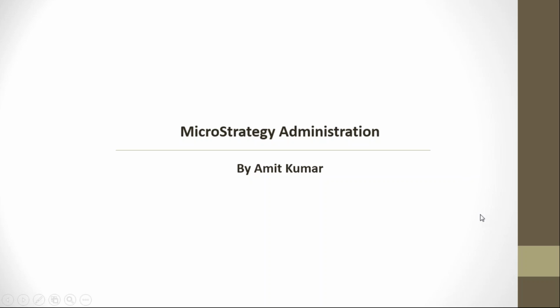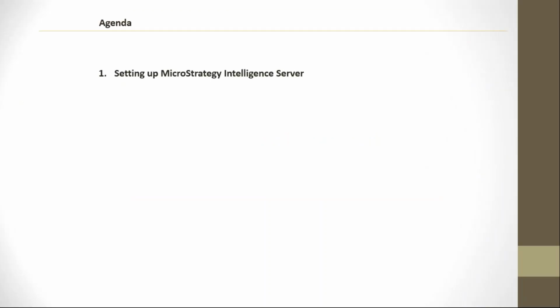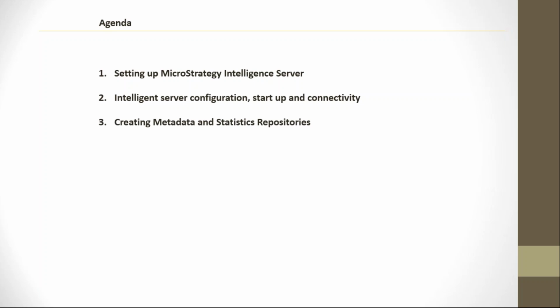now in the agenda, the things we will be covering in this slide are setting up the MicroStrategy Intelligence Server, configuration and startup, and connectivity of the MicroStrategy Intelligence Server after installation. Creating the projects, the folders, the repository, the metadata inside that server where you will deploy the dashboard.